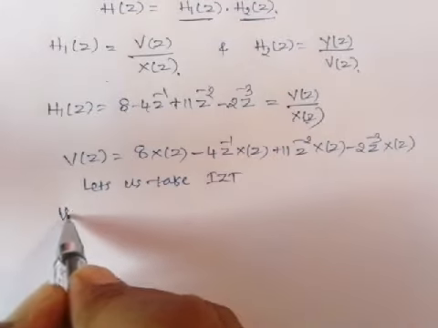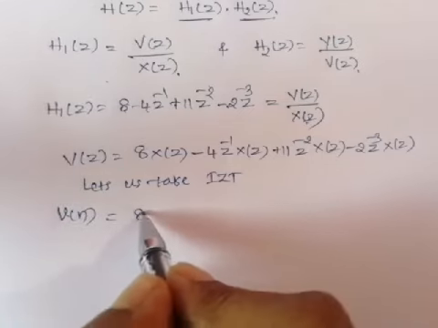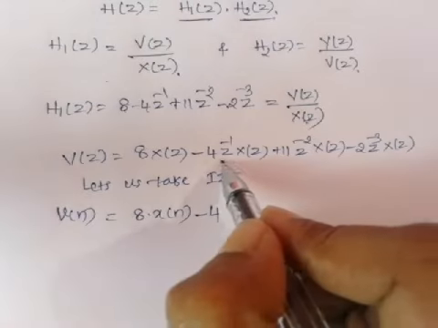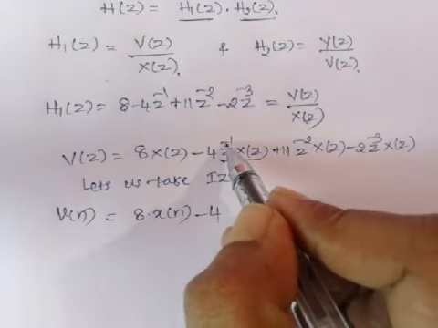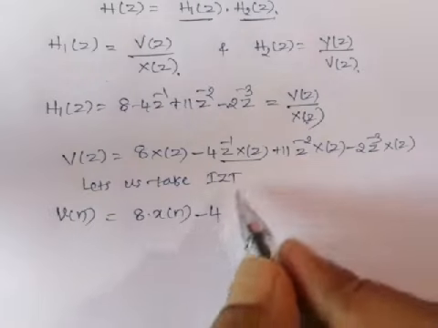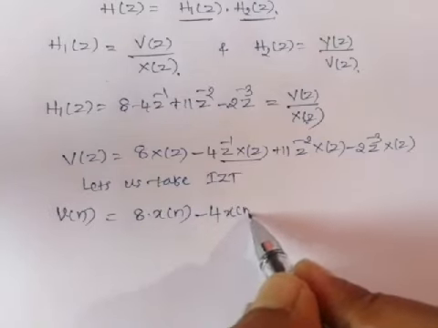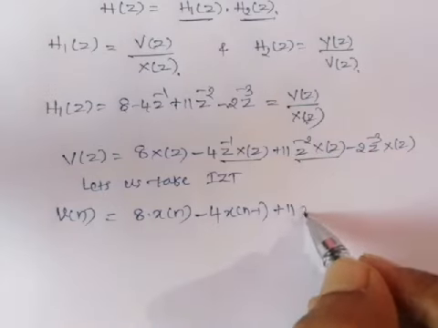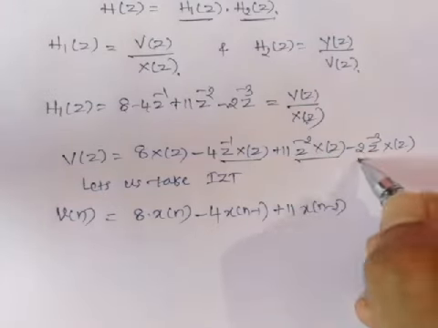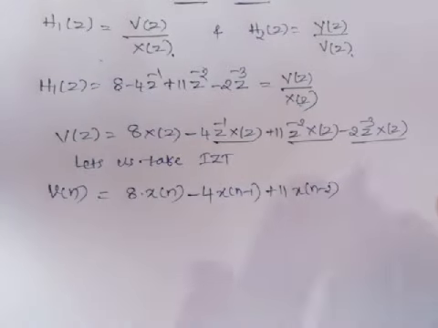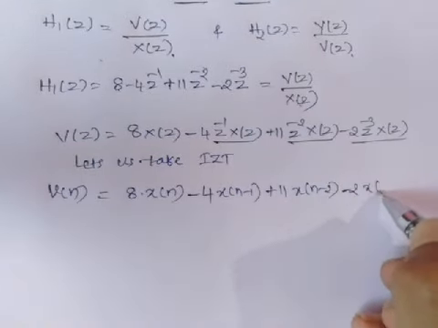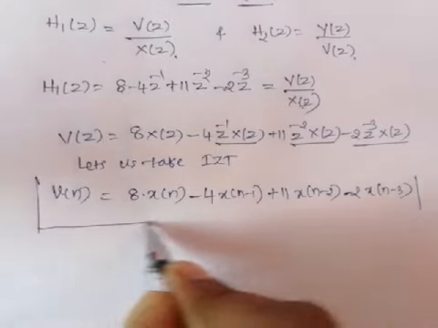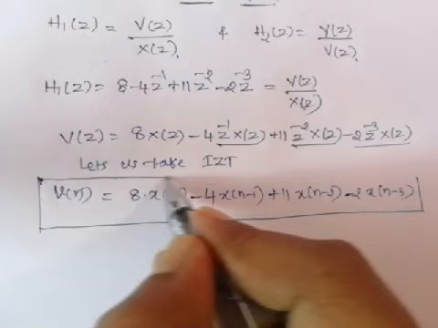So it becomes v of n equal to 8 into x of n minus 4 x of n minus 1, since z to the power minus 1 into X of z is x of n delayed by one time, plus 11 x of n minus 2, delayed by twice, minus 2 x of n minus 3, delayed by thrice, with minus 2 as the coefficient term. Hence we got the equation in terms of the time domain.